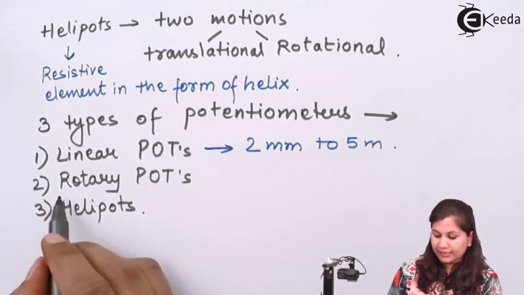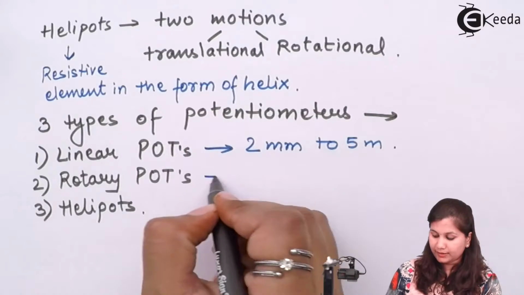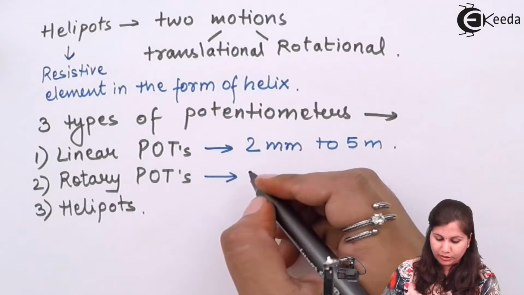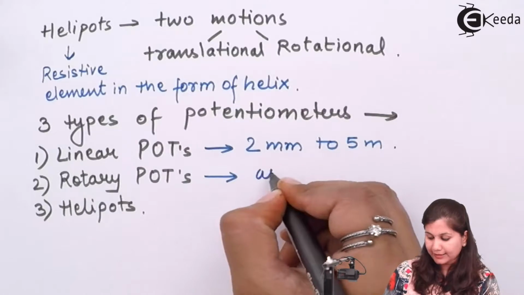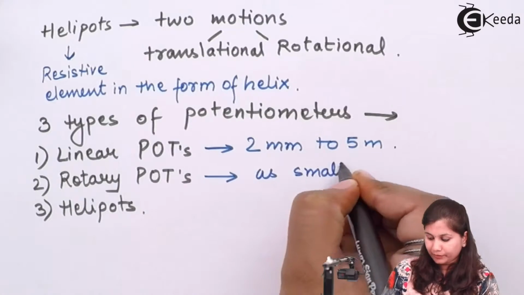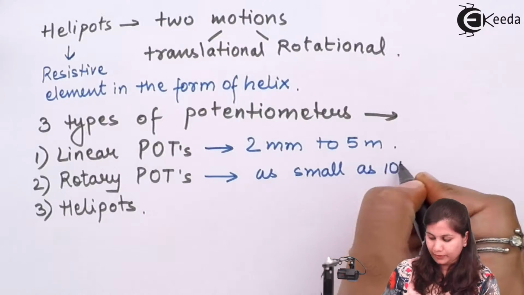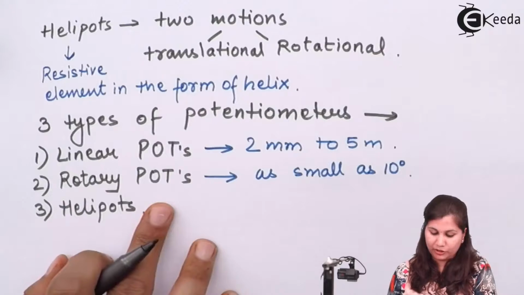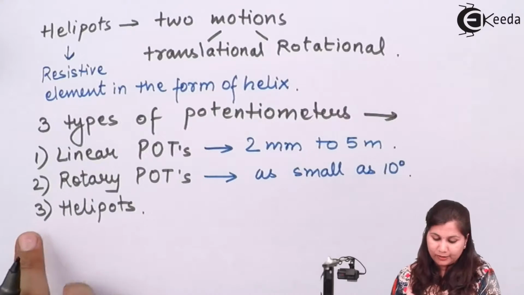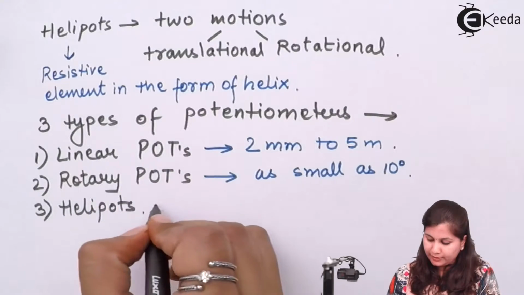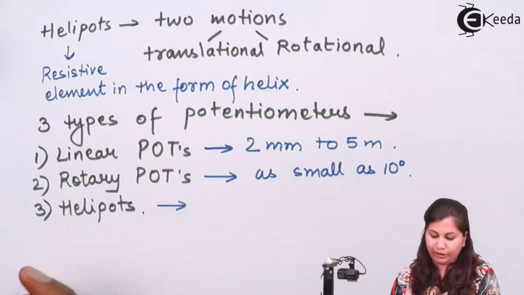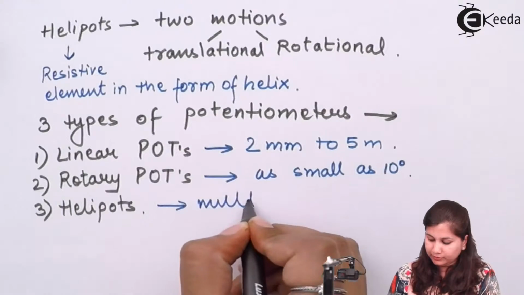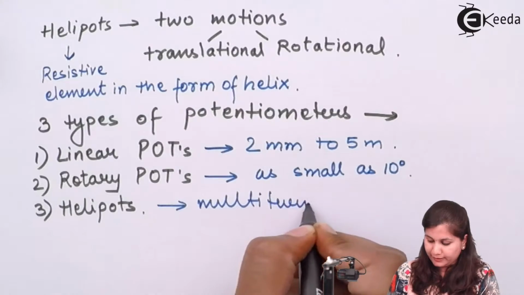Whereas in the rotary potentiometers, the resistive element is circular in shape, so we can measure an angular displacement as small as 10 degrees. Whereas in the case of helipots, because both translational and rotational motion can be measured, these are the multi-turn potentiometers.